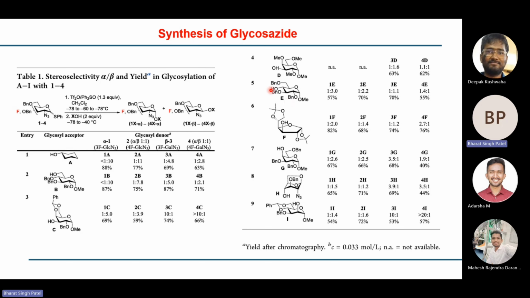They compared this 3 to 4, the benzylidene one, but they haven't explained this 5 to 6. Basically, in the case of 6, they are getting better selectivity in 4F than 4E.